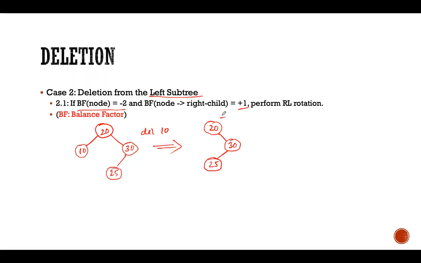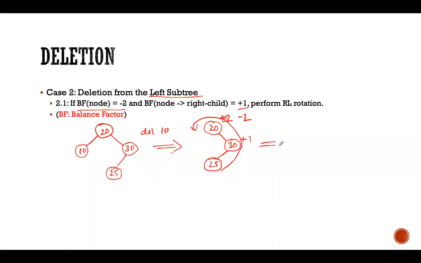For this node its balance factor is -2, which means the right side gets heavier, and we're going to check the balance factor for its right child. For the right child, the balance factor is actually +1. Means for this node, its left side is heavier, the right side is lighter. Means we are going to need a RL rotation.